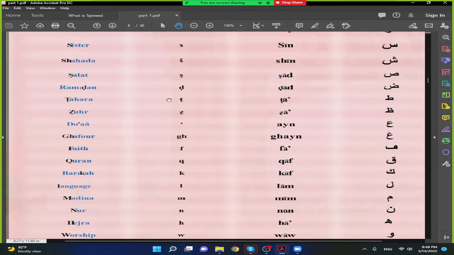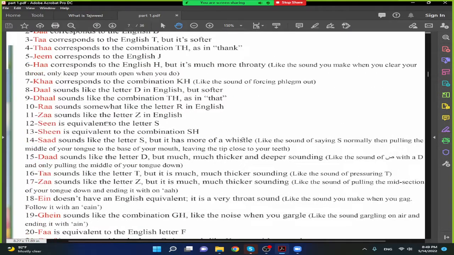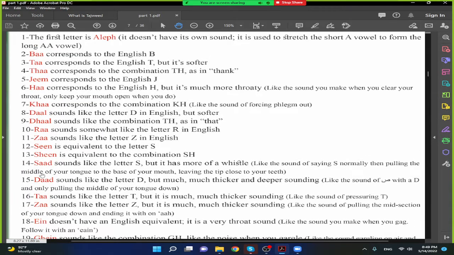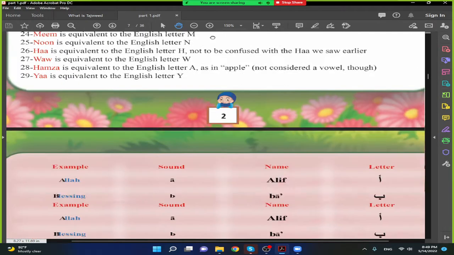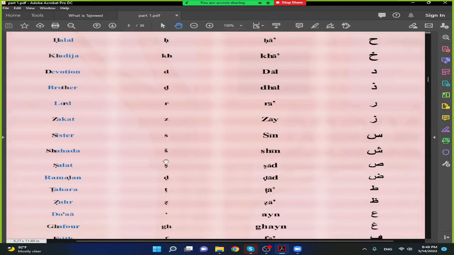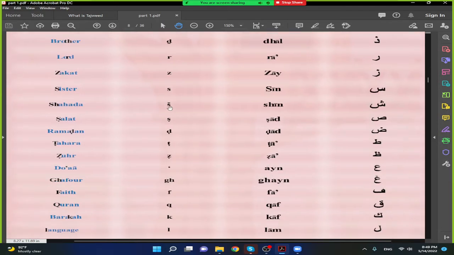On the previous page we learned that already. Yes. Sheen is equivalent to the combination of S and H. So do not get confused that they are telling you the S sound also. It's not only S. For Sheen, we are going to use SH, like in the word Shahada. What is this word?